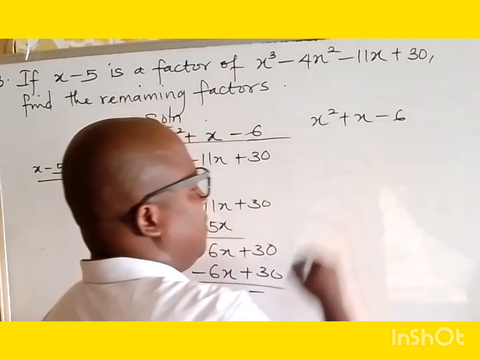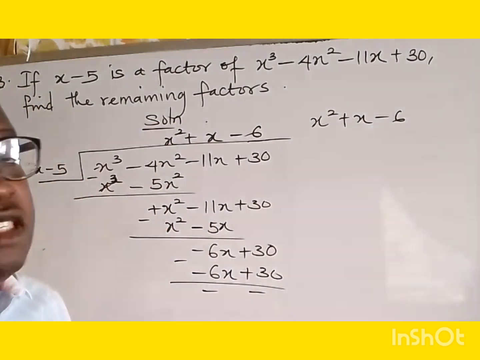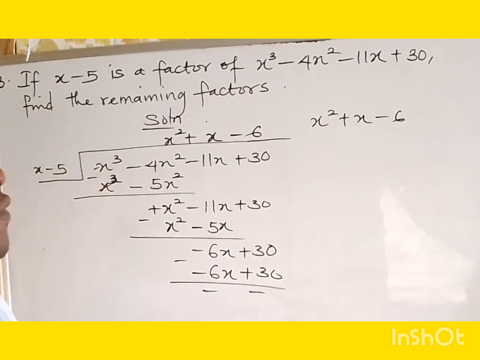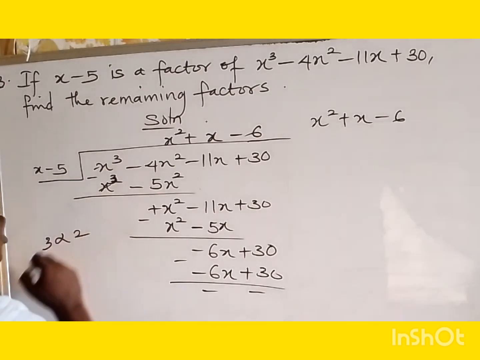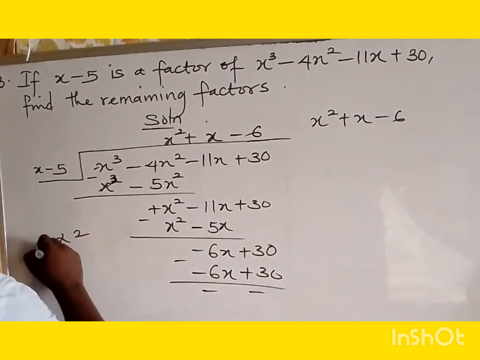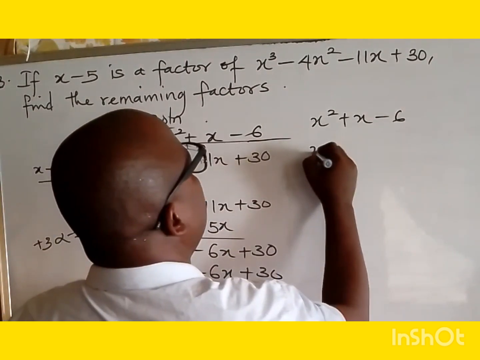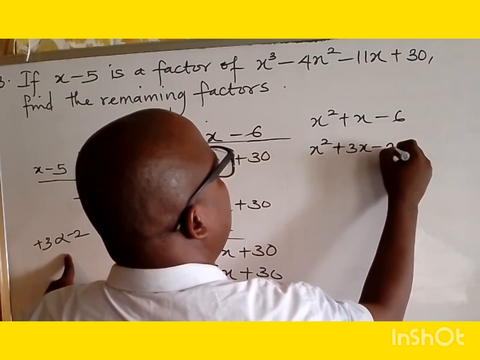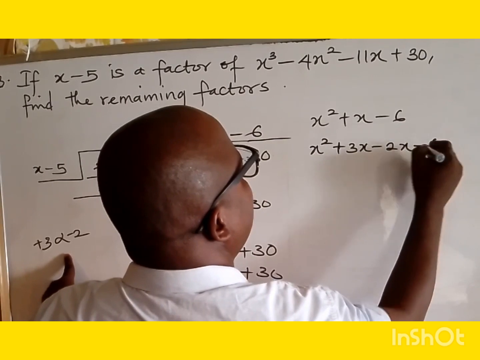That means I have this quadratic equation. I now need to factorize it. If you factorize that, we are going to have 3 and 2. Which one is positive? This is positive. That means we are going to have x squared plus 3x minus 2x minus 6.